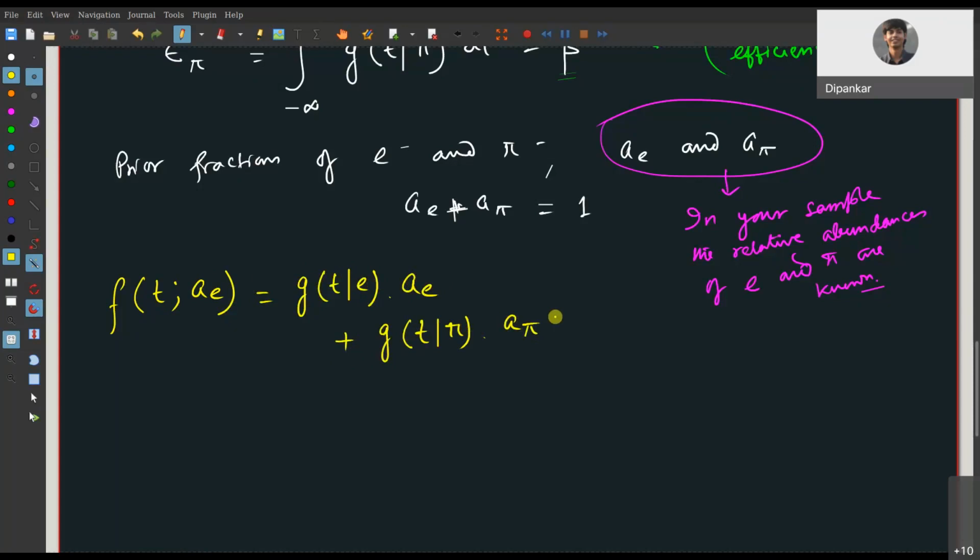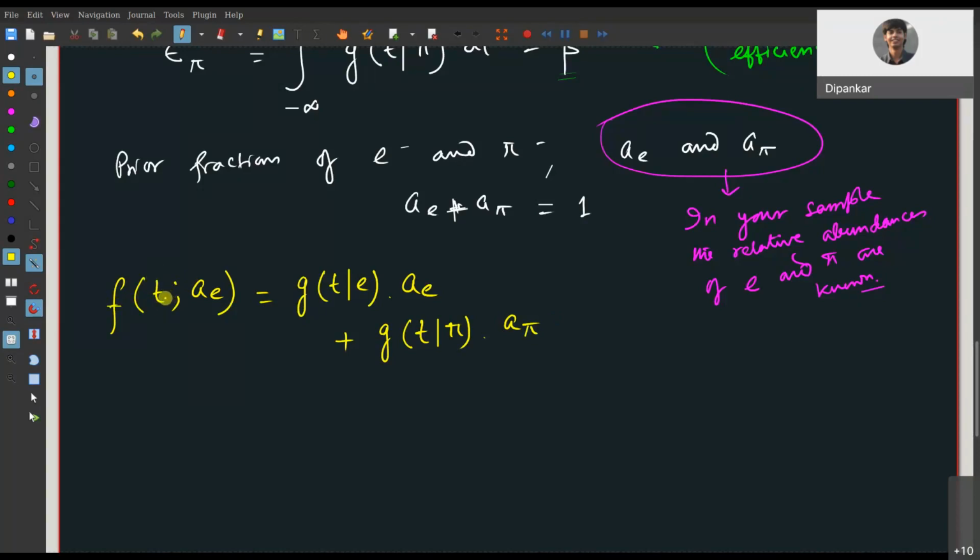So think about it like this. You are trying to find the probability of finding ionization length, that is t. Now this ionization length comes from two sources. An electron can produce this ionization length. Let's say it's 2 millimeter. So this t is, let's say, 2 millimeter.